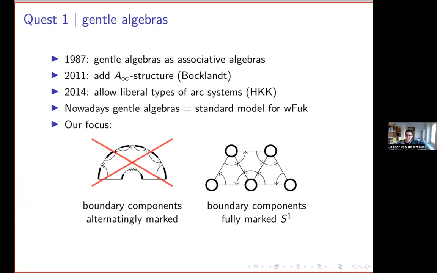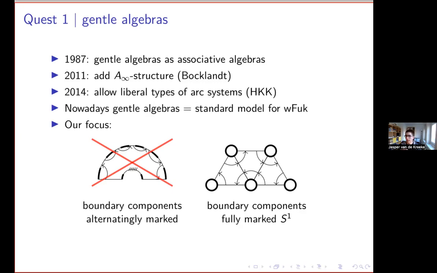And I think some 10 years ago, my supervisor had the idea of adding some A infinity structure to them to make them reflect the topological structure of surfaces. And the idea was to build a discrete model for wrapped Fukaya categories in order to be able to work better with wrapped Fukaya categories of surfaces.